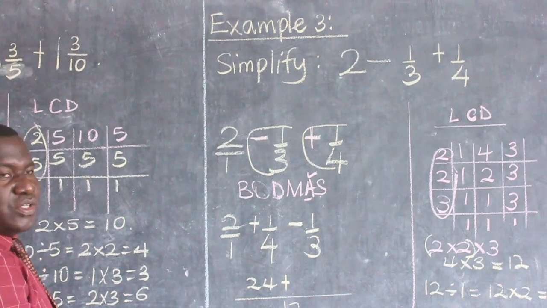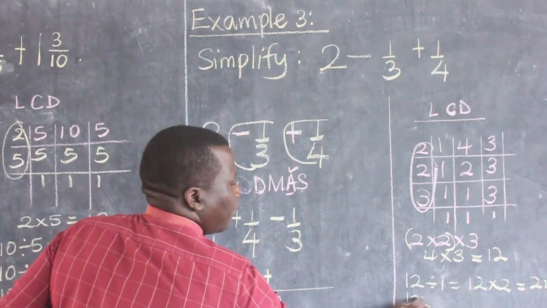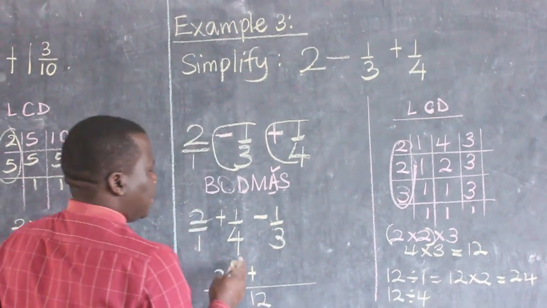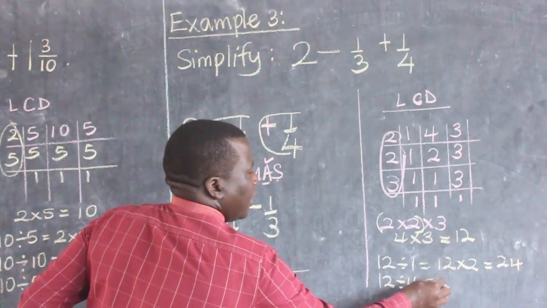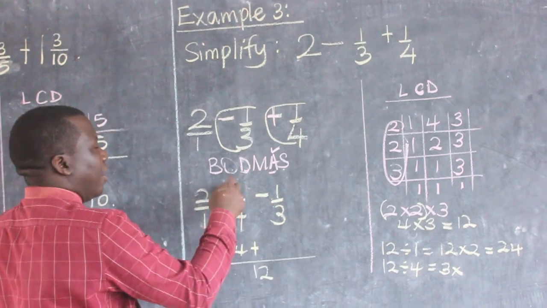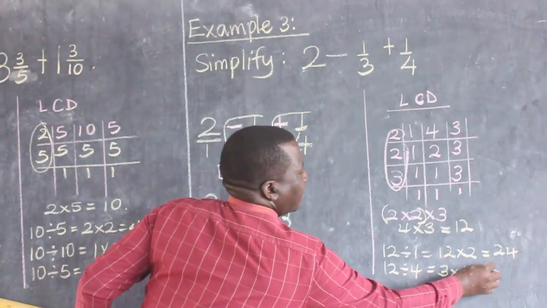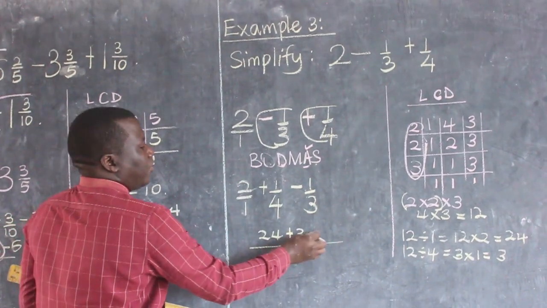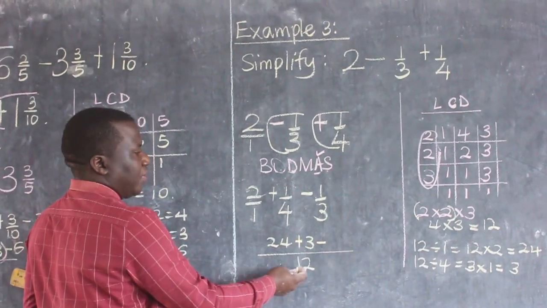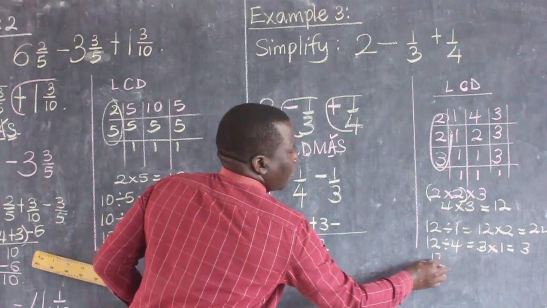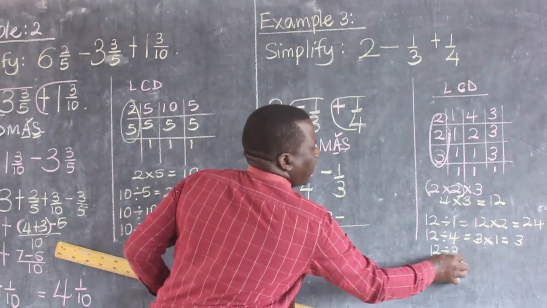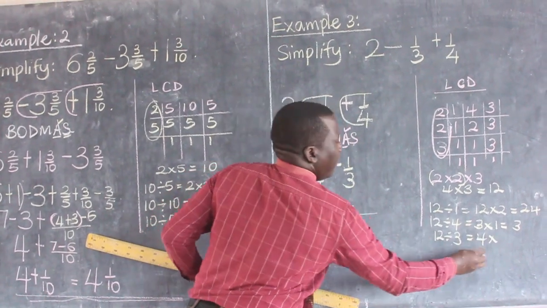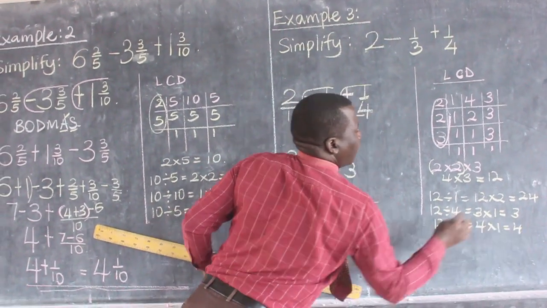Remove the second fraction. 12 divided by 4, it gives us 3. Times the numerator 1, which gives us 3. Bring your 3 here. Bring the subtraction sign. 12 divided by 3, you get 4. Times the numerator 1, which gives us 4.